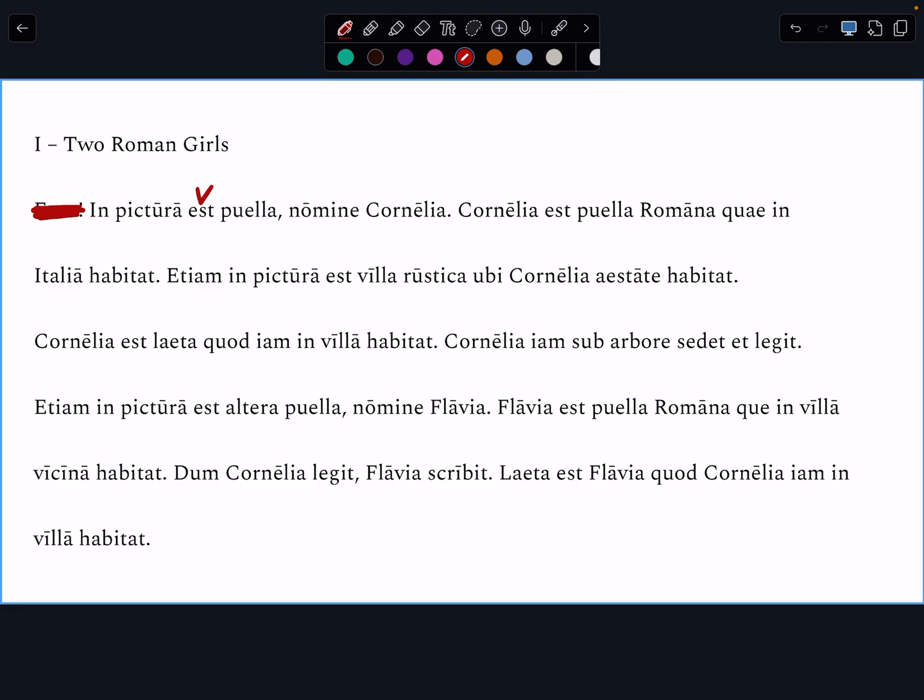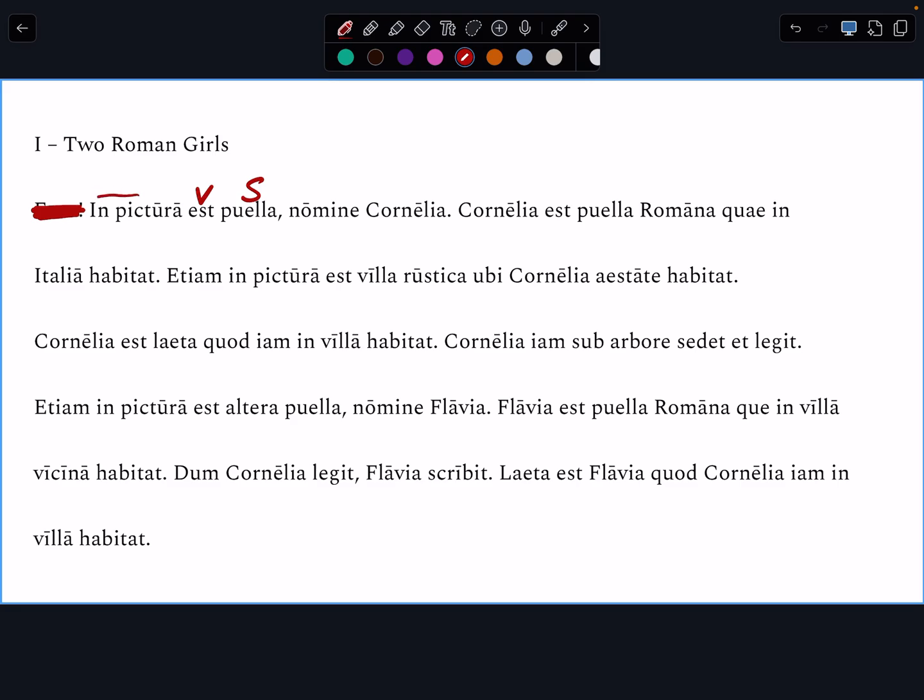Now, who is or what is? The girl, the puella. So that is our subject here. Now, in pictura. What is that? Is it a direct object or a prep phrase? It's a prep phrase. Good. What word tells us that?